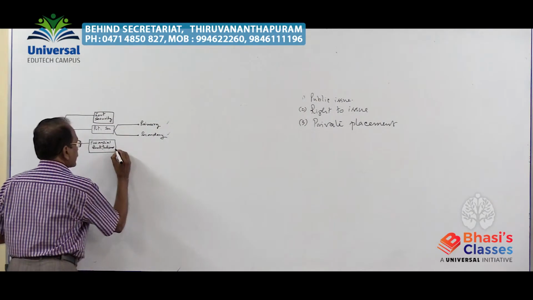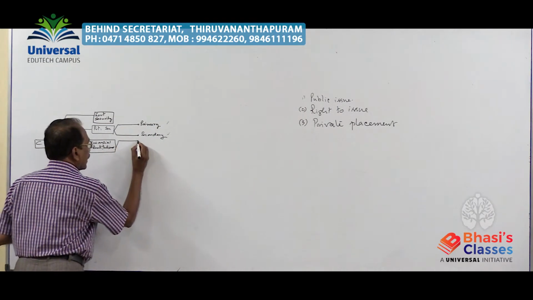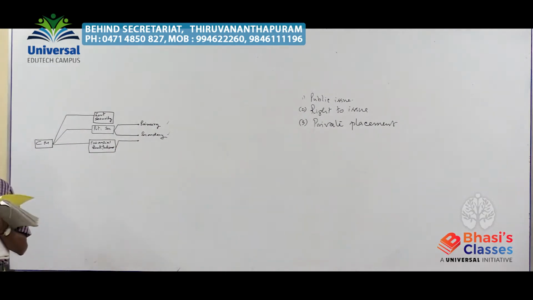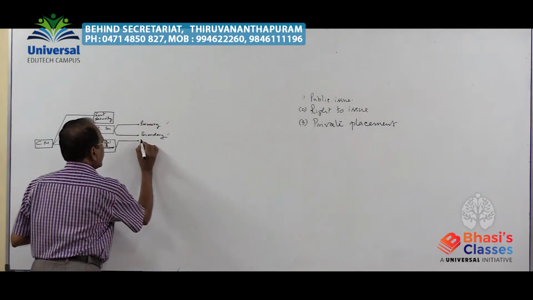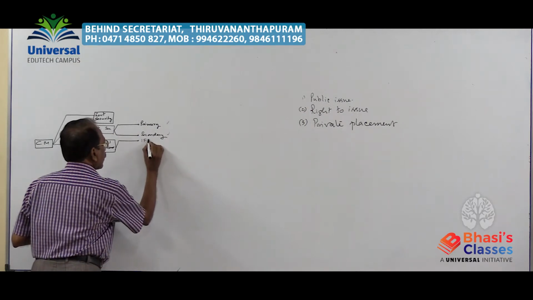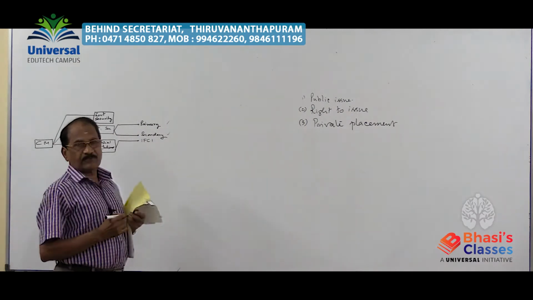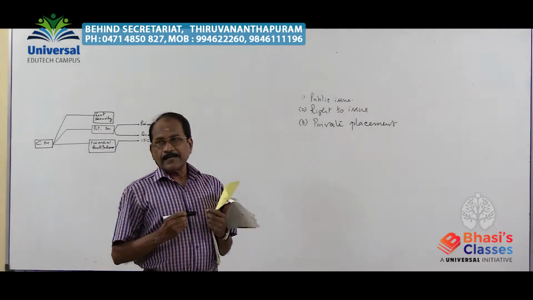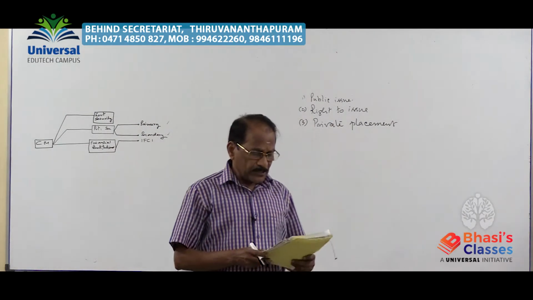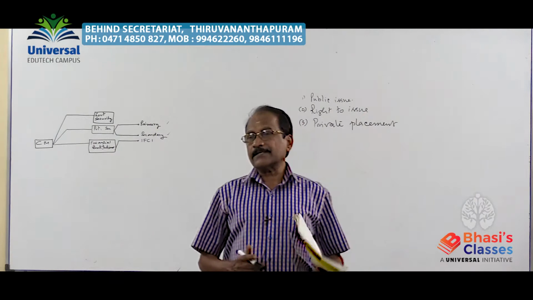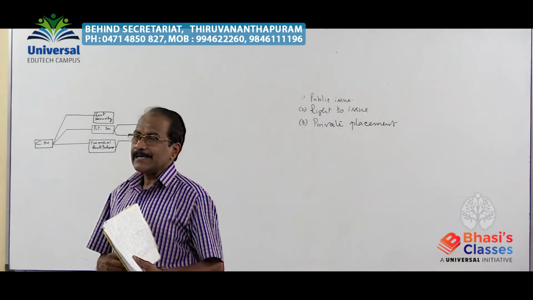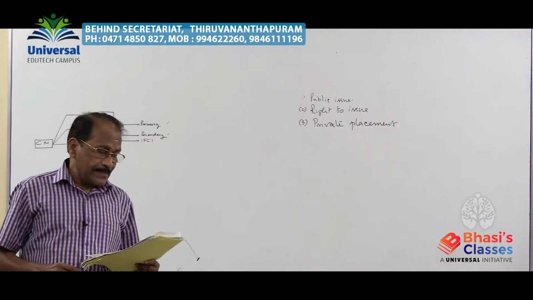The most important financial institution to start after our independence, the first one to start, was in the year 1948. That is known as Industrial Financial Corporation of India, IFCI, which was started in the year 1948.